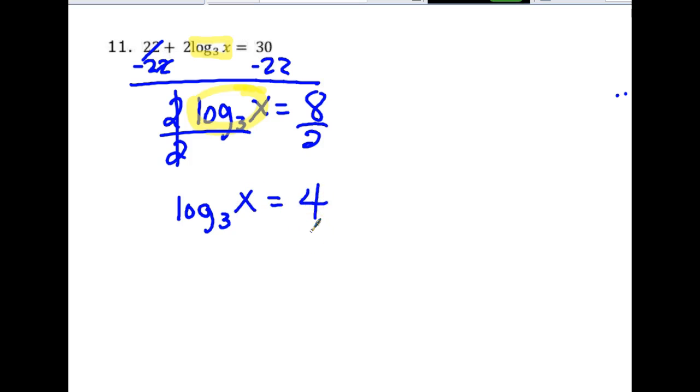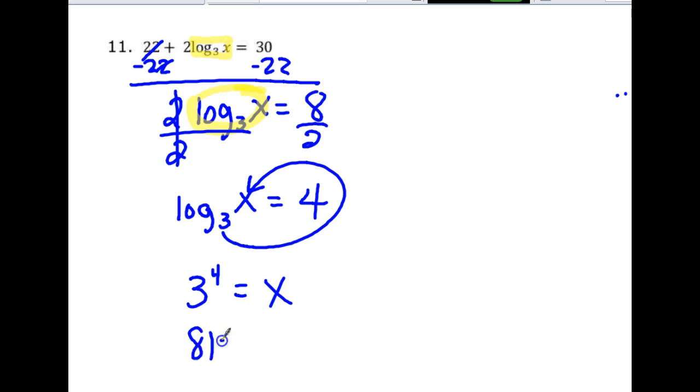Then when you get the log by itself, isolated, then you change it to exponential form. Base, exponent, equals 2. And then with your calculators, or if you know that math fact, 3 raised to the 4th power is 81.